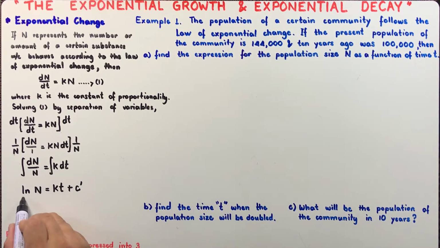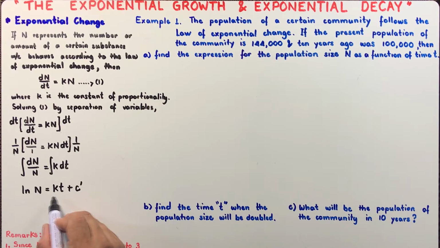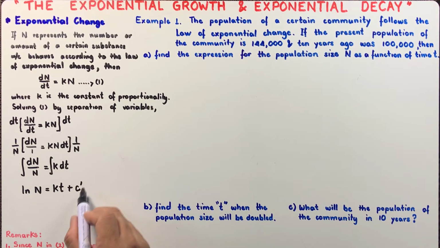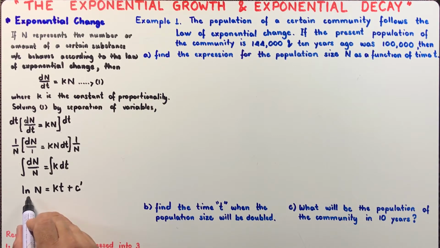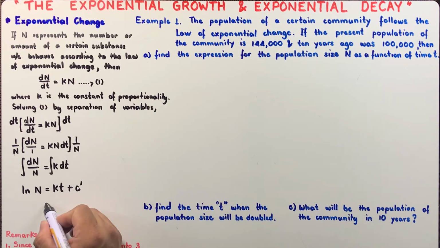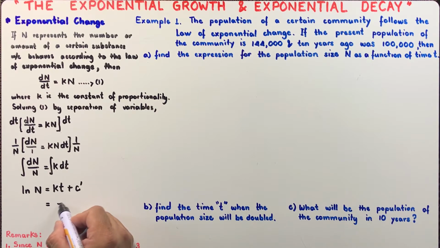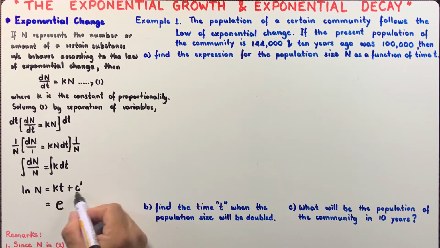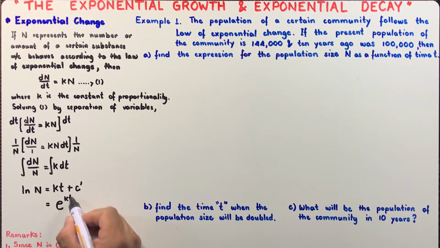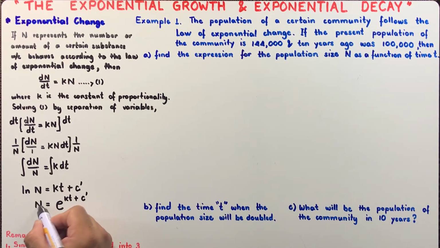Converting this to its equivalent exponential form, the natural log of N equals kt plus c prime, where the right hand side is the exponent of the base e, Euler's constant, so e raised to kt plus c prime is equal to our big N.